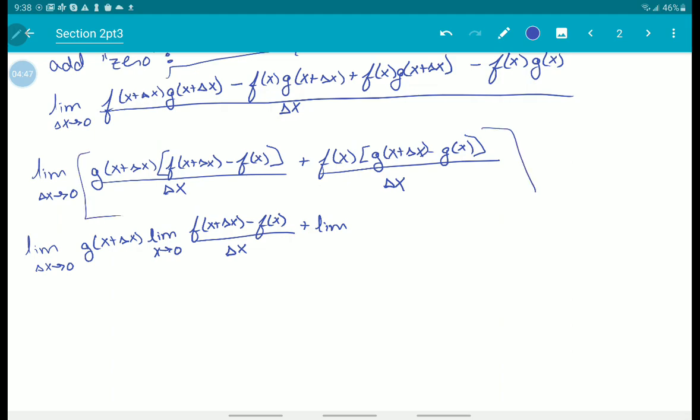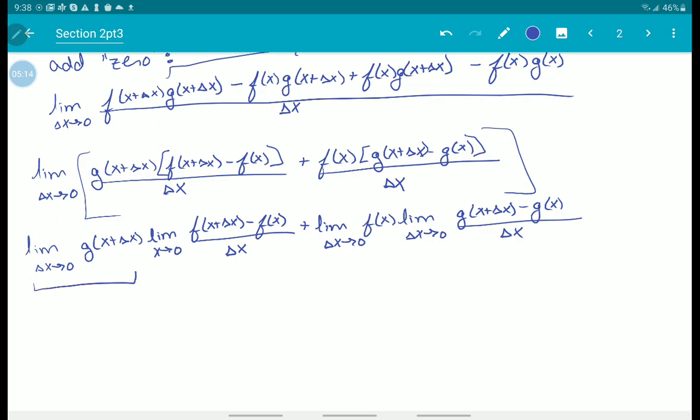Remember, in this step, we were taking the limit of all of that fun stuff. I really don't need those brackets there. So now let's take the limit of each of these pieces.